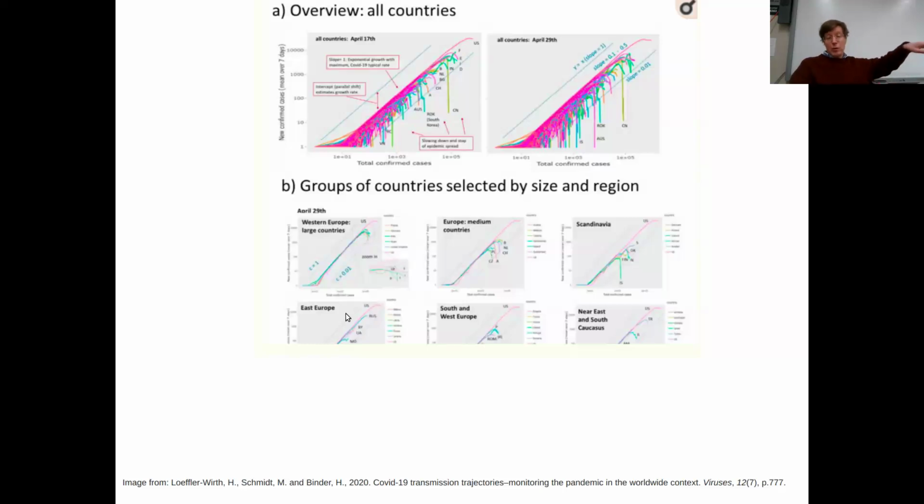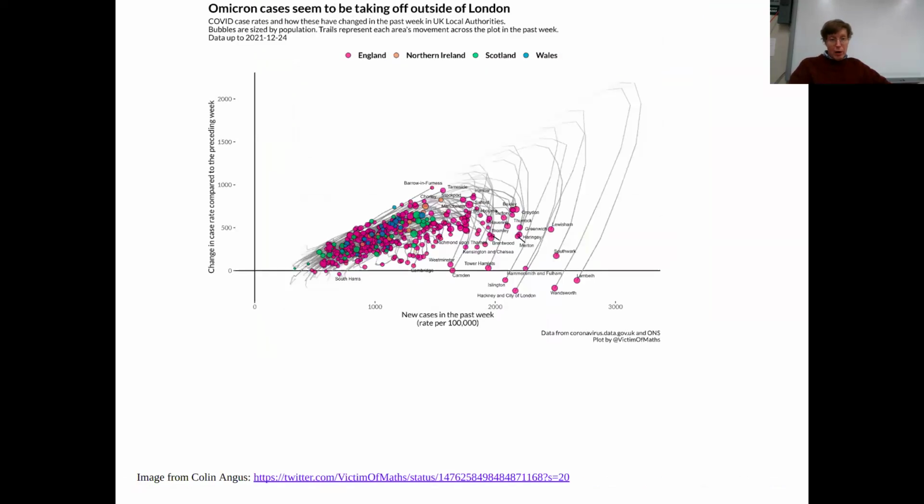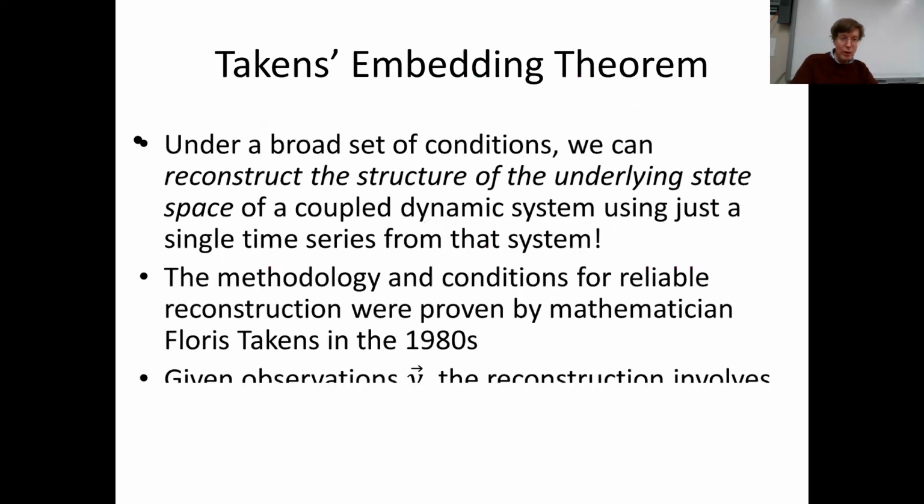It's not that Canada is totally different from the UK, totally different from what we see in Singapore, totally different from what we see in the US. No, there are regularities. Or here, new cases versus change in case rate for this week compared to last. Again, the orderliness screams out at you. It just screams out of the page here. There are these regularities that come out because of system structure.